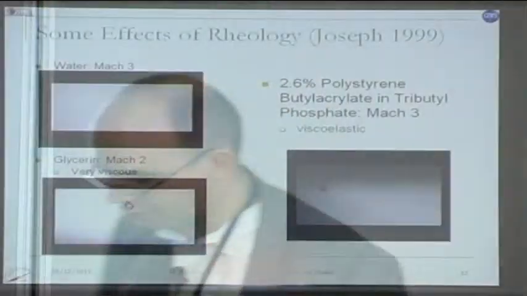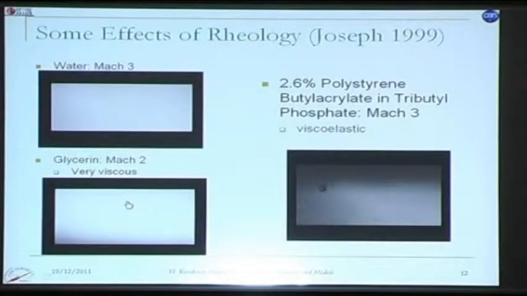Here I have a few videos from Professor Joseph, which I show because they are pretty. You can see that it's for very high Weber number, so we are slightly over the bag breakup, or even largely over the bag breakup. But you can see that when it becomes very viscous, the behavior is a bit different, but still similar.